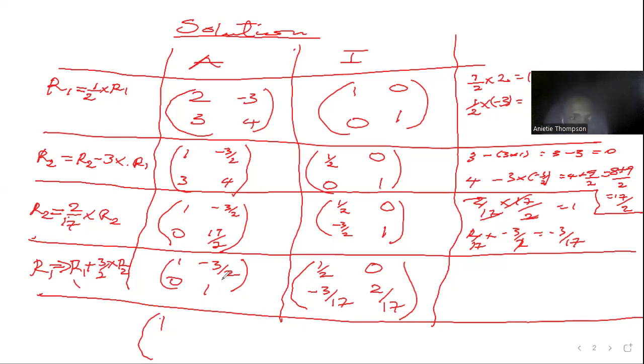And here, this minus 3 over 2, look at that place. The second entry there will be minus 3 over 2 because that is the row 2 entry. So plus, here will be 3 over 2 times the entry in row 2, which is 1. So this is minus 3 over 2 plus 3 over 2, and that is 0.